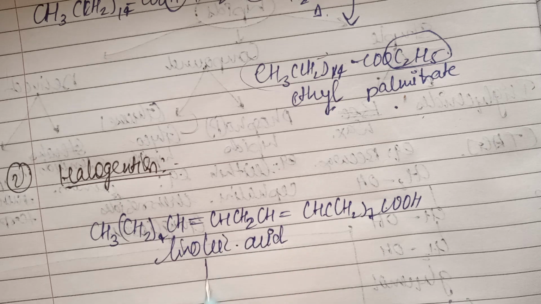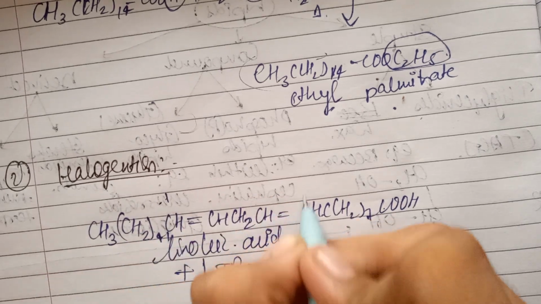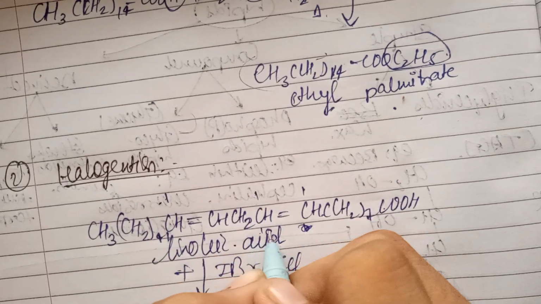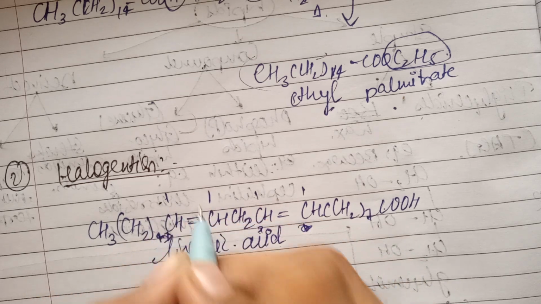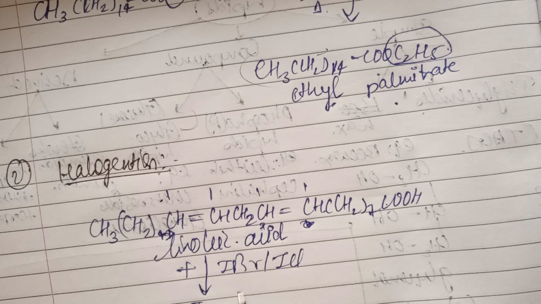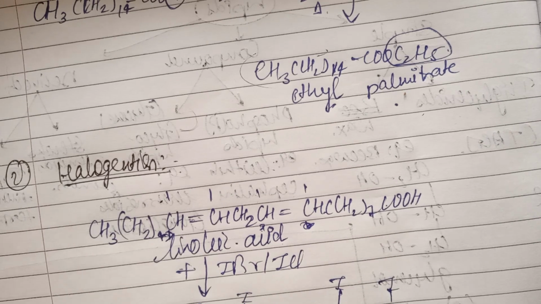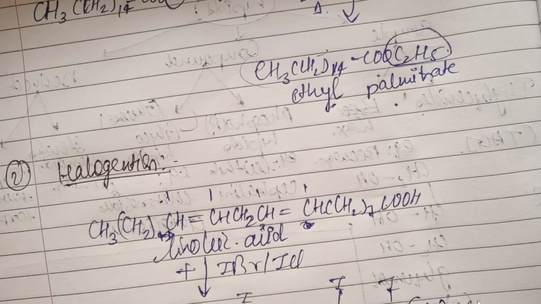On reaction with iodine monobromide or iodine monochloride, we get addition at the double bond positions, on these four carbons. It will look like this: CH3, (CH2)4, then CH with iodine attached, CH with iodine attached, CH2, then another CH with iodine and CH with iodine attached, then (CH2)7 and COOH.